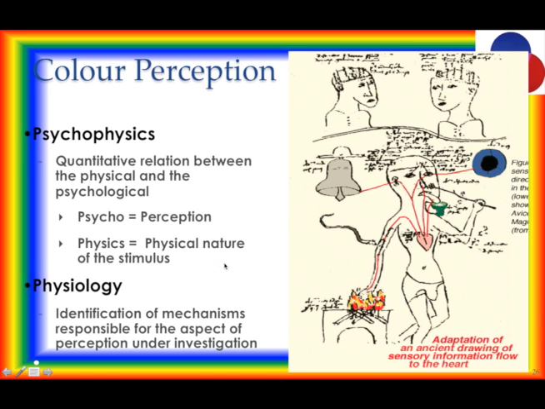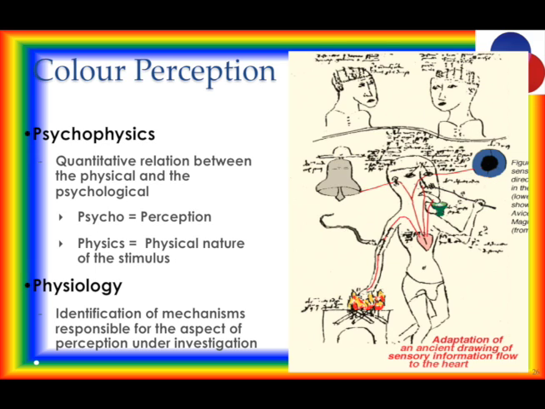There are different ways of thinking about color perception. This is an old drawing, an ancient drawing of sensory information and how it was thought about. If we look on the left here, there are a couple parts of color perception. One is psychophysics, which is the quantitative relation between the physical and psychological.